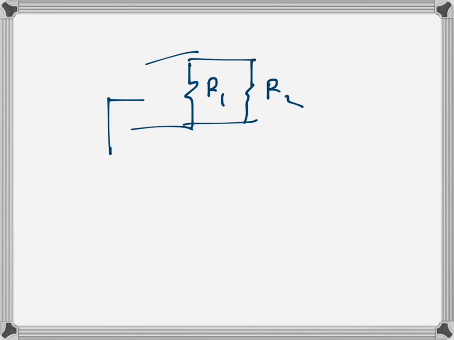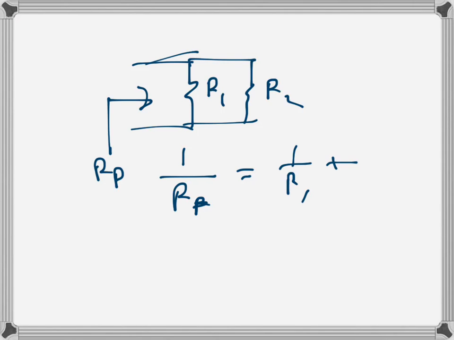Now if there are only two parallel resistances, R1 and R2, and we want to find the parallel combination, we sometimes show it as the resistance seen. It will be the same formula, 1 over R1 plus 1 over R2, just with two resistances. We often have to find the equivalent resistance of two parallel resistances, so we focus on this formula.